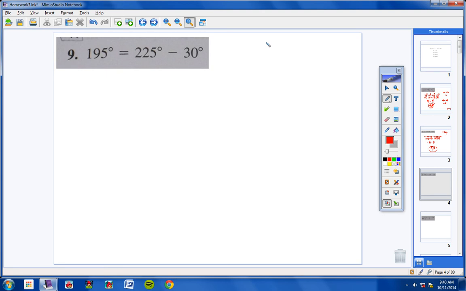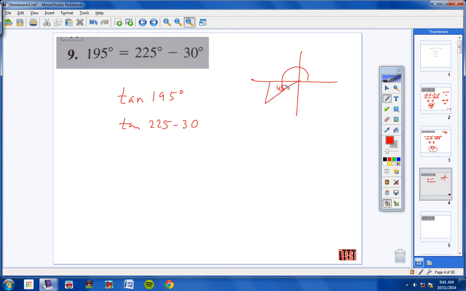And so what they're showing you here is that if you take the tangent of 195, that's the exact same thing as taking the tangent of 225 minus 30, okay? Now, in our table, we don't know the tangent of 225, but we can draw a reference angle for 225, and when we do, we come up with this. 45 degrees, and tangent here is positive.